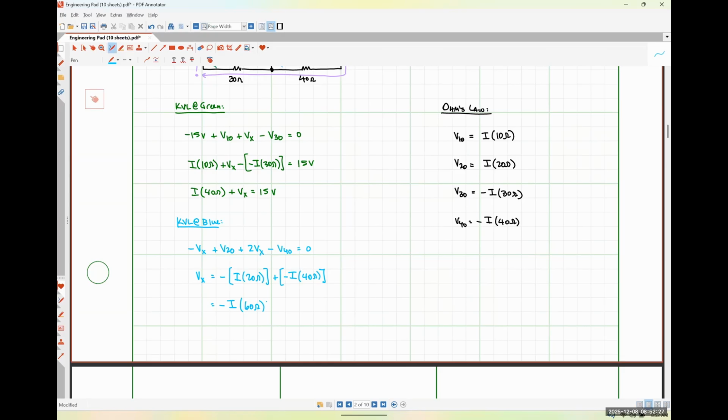Well, now I can just plug that expression for Vx into my KVL equation at green and eliminate one of those variables, allowing me to solve for the other one. So let me just write this down here. KVL at green revisited.